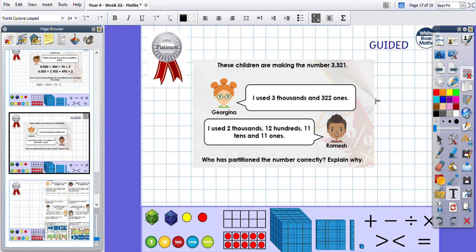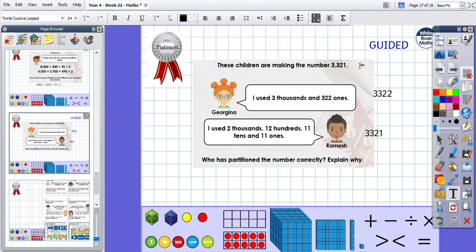So let's check Georgina's first. She's got 3,322 ones. Ramesh has got 2,000s, 1,200, so I've got 3,000 altogether. 200, so I've got 300s altogether. 11 tens, so I've got, oh, and 11 ones, so I've got 2 tens, and I've got 1 and 1.